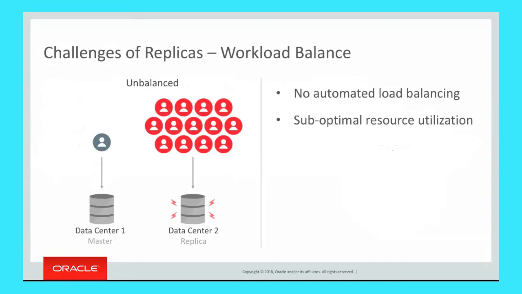In this example, I have two databases, a master and a replica, a source and a target. They could be in the same data center or in different data centers.